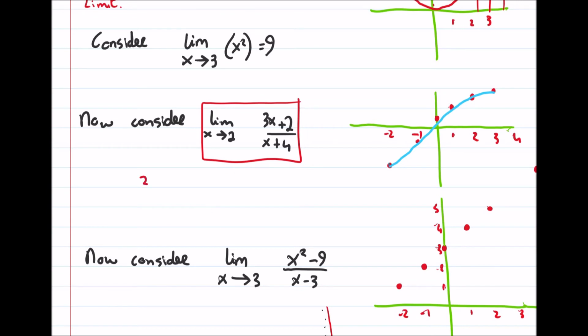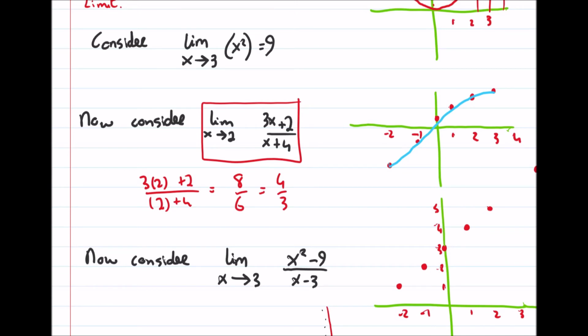So here we go, 3 times 2 plus 2 over 2 plus 4, which will give me 8 over 6, which will give me 4 over 3.